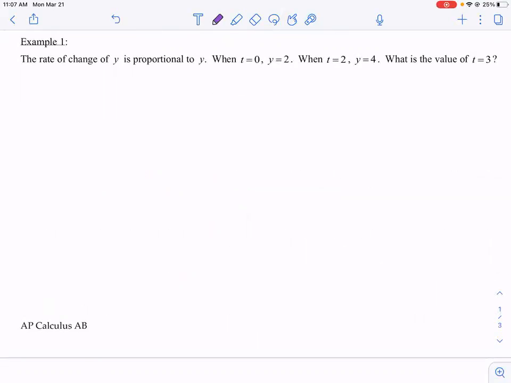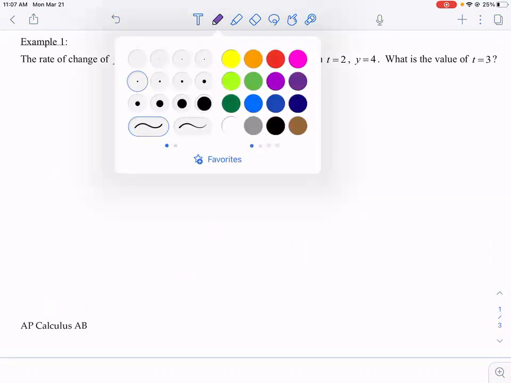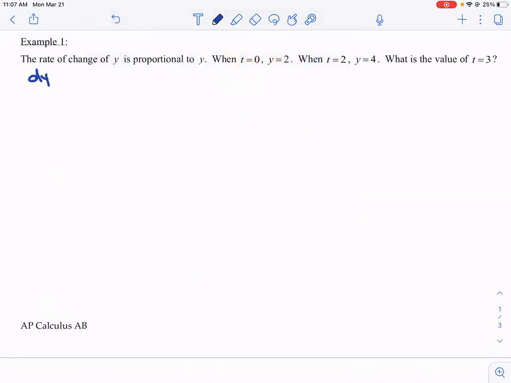Here we go. Let's start off simple. The rate of change of y is directly proportional to y. That means dy/dt equals ky, which means y equals c e to the kt.